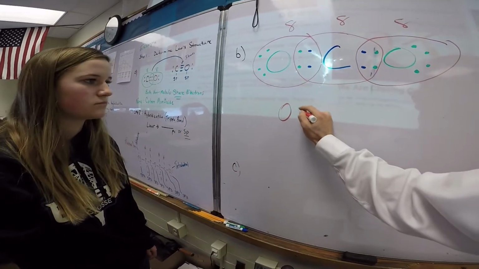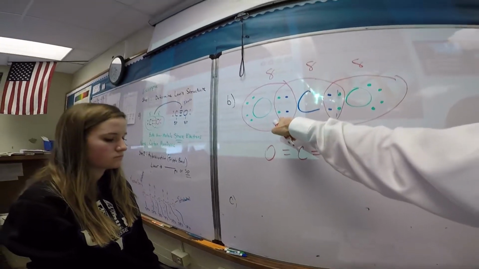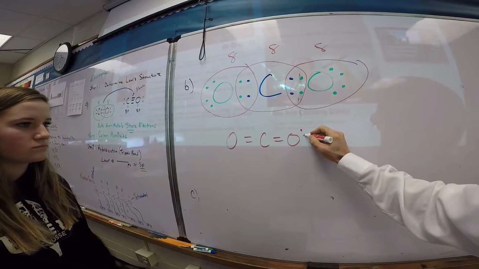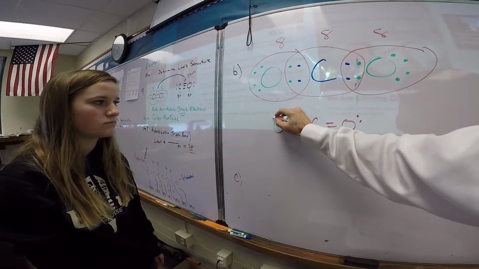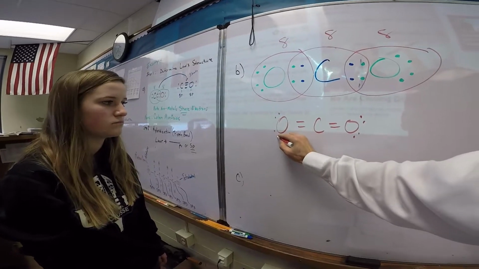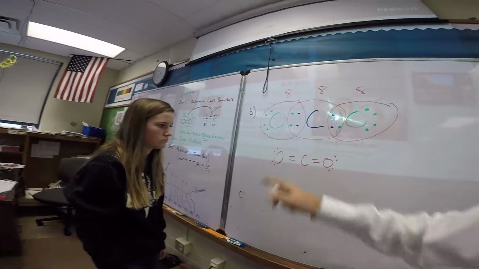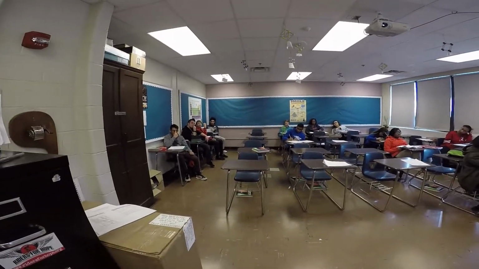We're going to put the oxygen double bonded to the carbon. These 4 electrons here tell you have a double bond. And then we have our electrons here. So you can see it this way as well. I'm drawing it this way so we can determine the hybridizations. What do you think carbon is? Do you think it's sp2, sp, or sp3? Raise your hand. What do you think it is?